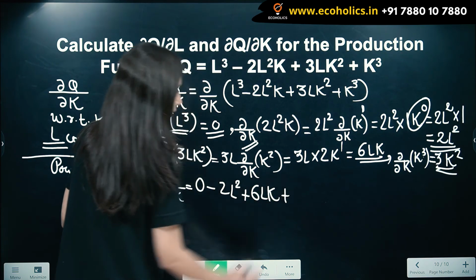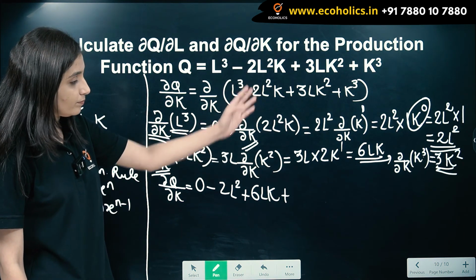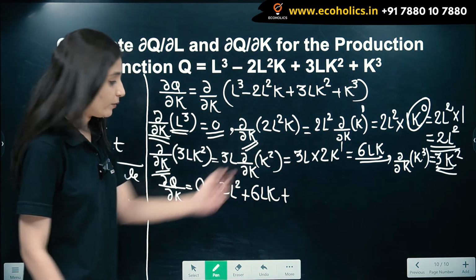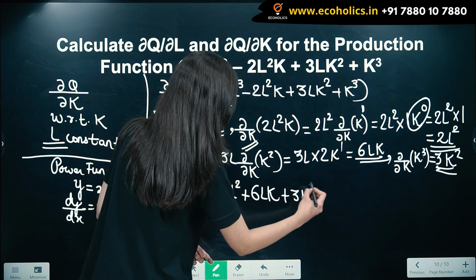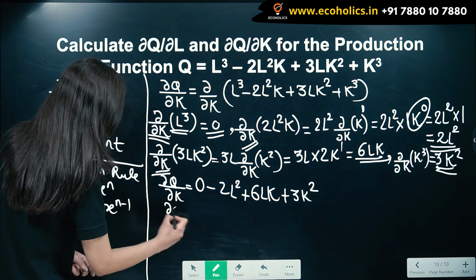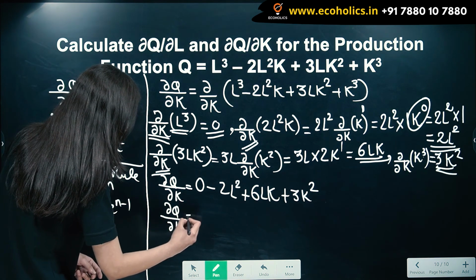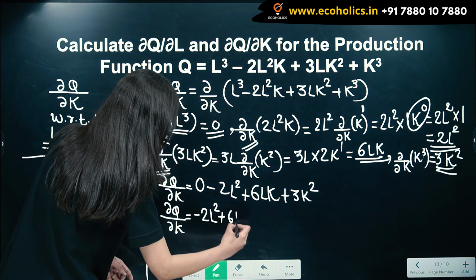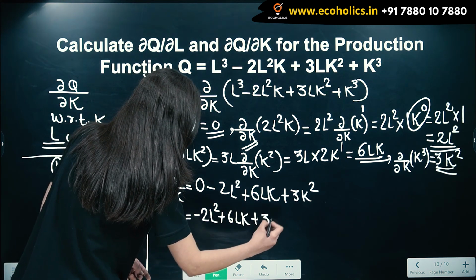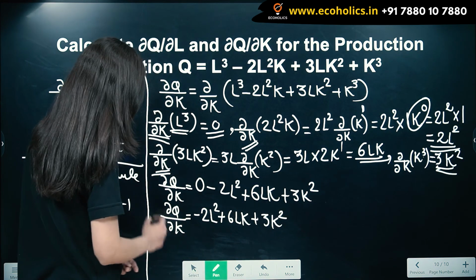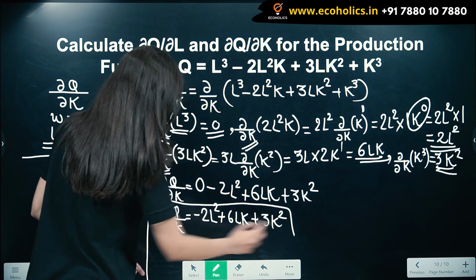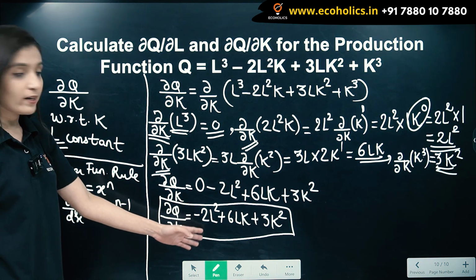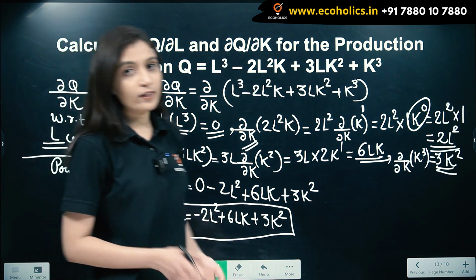Plus, for k cube we got 3k square. So ∂Q/∂k is equal to minus 2L square plus 6Lk plus 3k square. So this completes our answer.